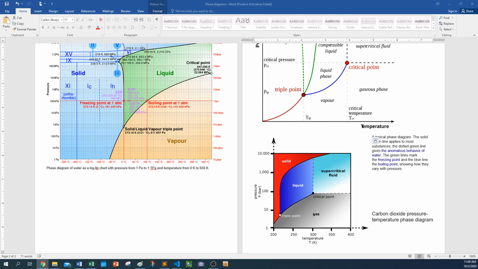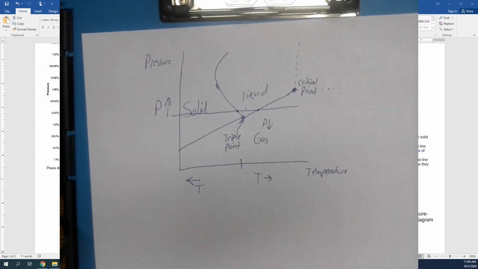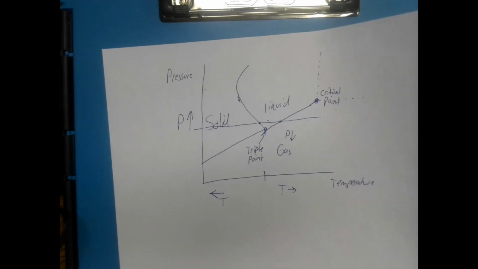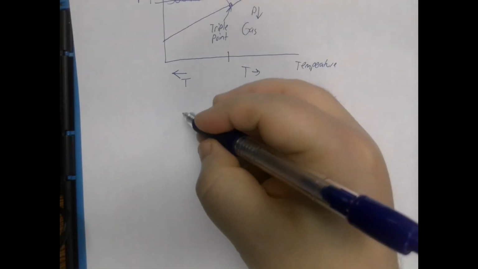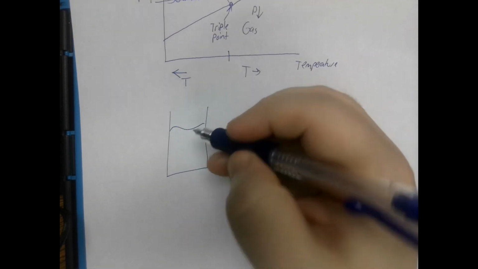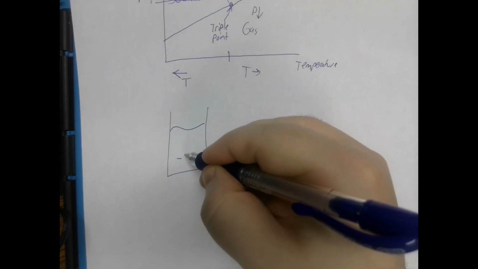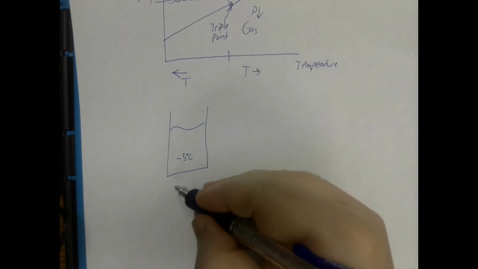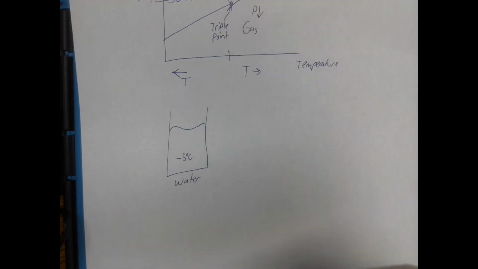Well, again, if you have some super cold water and it's -5 degrees Celsius, it really wants to be a solid.